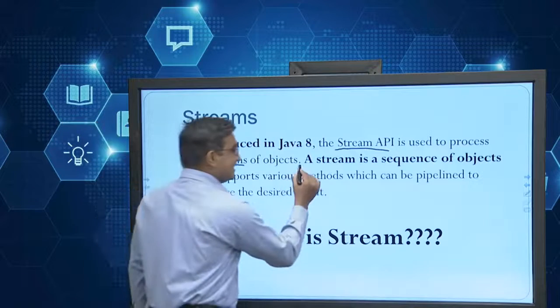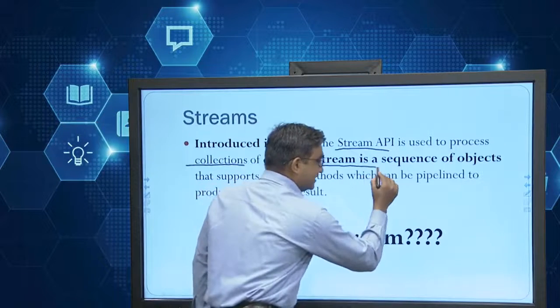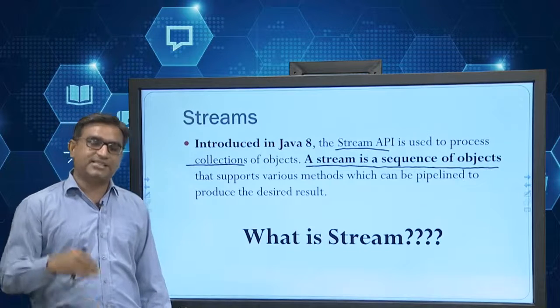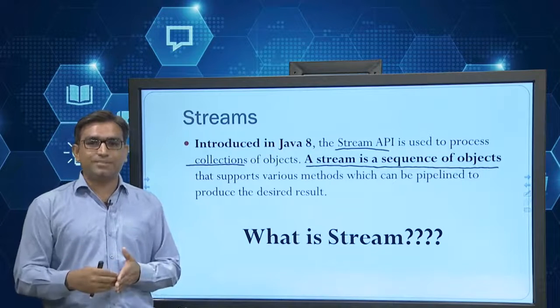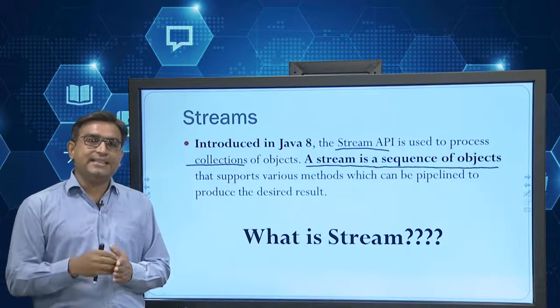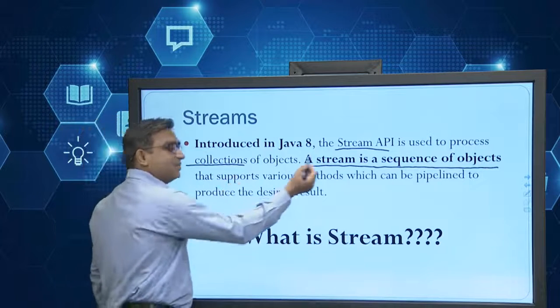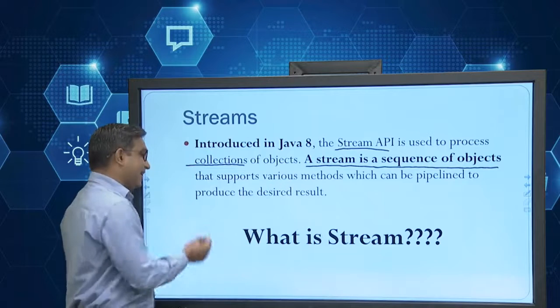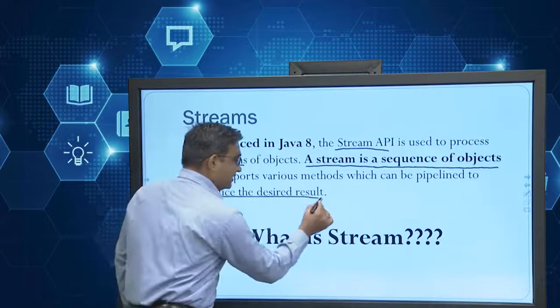Stream is a sequence of objects. Please guys remember this thing. Stream is a sequence of objects, that means string object, integer object, date object, pattern object, anything else. Stream is a sequence of objects that supports various methods which can be pipelined to produce the desired results.